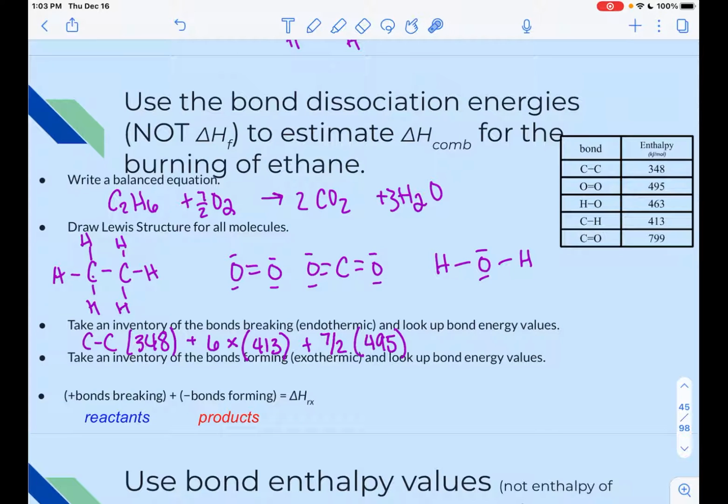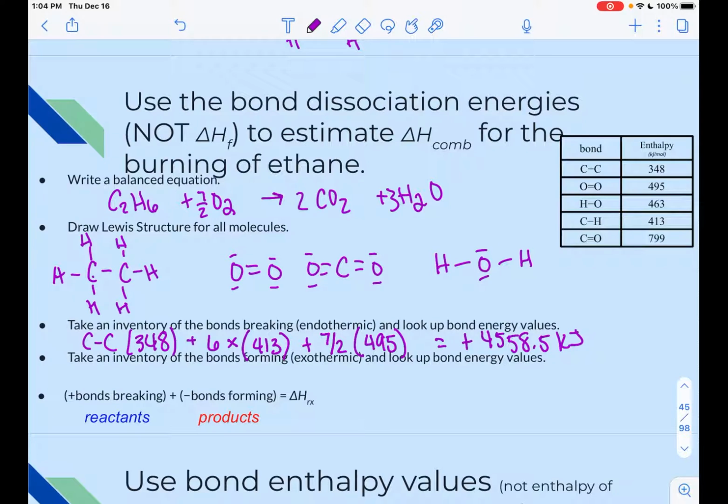Okay, so what you do is you figure out how many bonds you have and then multiply it by the coefficient. So here we had 6 CHs, we multiplied by 1. Here we have O2, we multiply by 7 halves. So when we do that, whoops, I don't know why I put that decimal point there. We got this number.